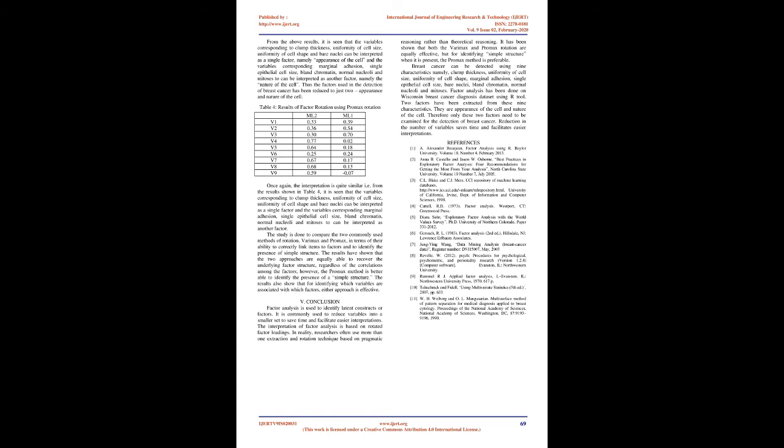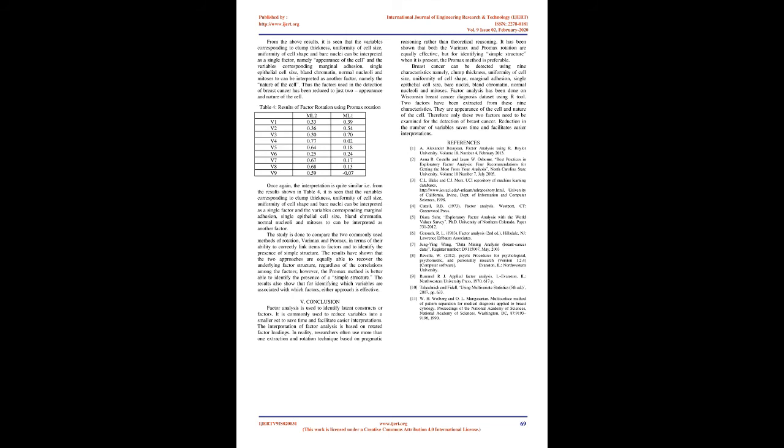Thus the factors used in the detection of breast cancer have been reduced to just 2, appearance and nature of the cell. Once again, the interpretation is quite similar, i.e. from the results shown in Table 4, it is seen that the variables corresponding to clump thickness, uniformity of cell size, uniformity of cell shape and bare nuclei can be interpreted as a single factor, and the variables corresponding to marginal adhesion, single epithelial cell size, bland chromatin, normal nucleoli, and mitoses can be interpreted as another factor.